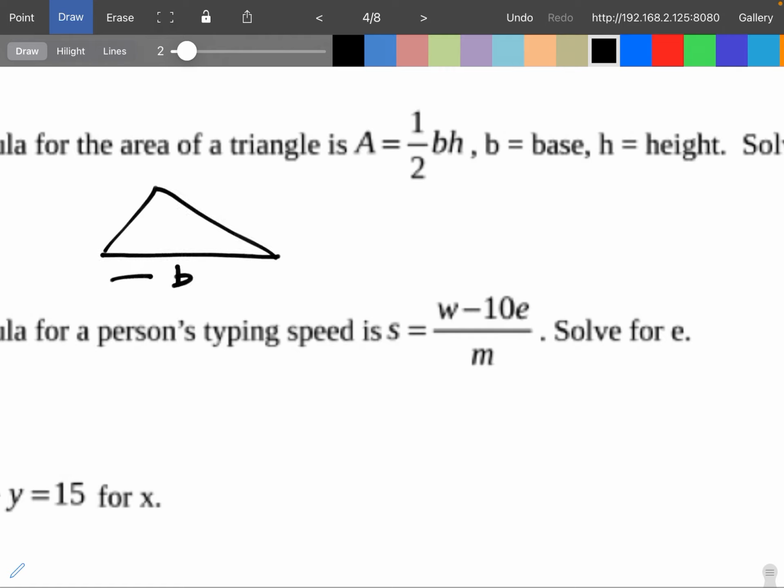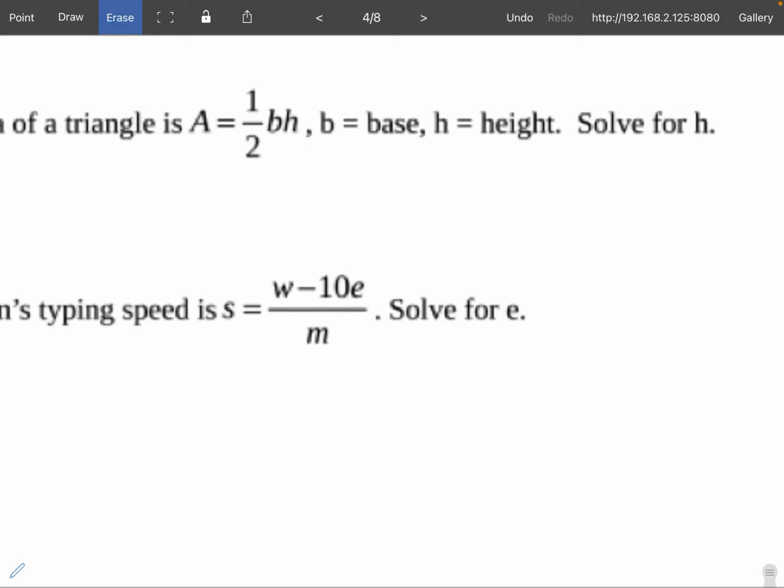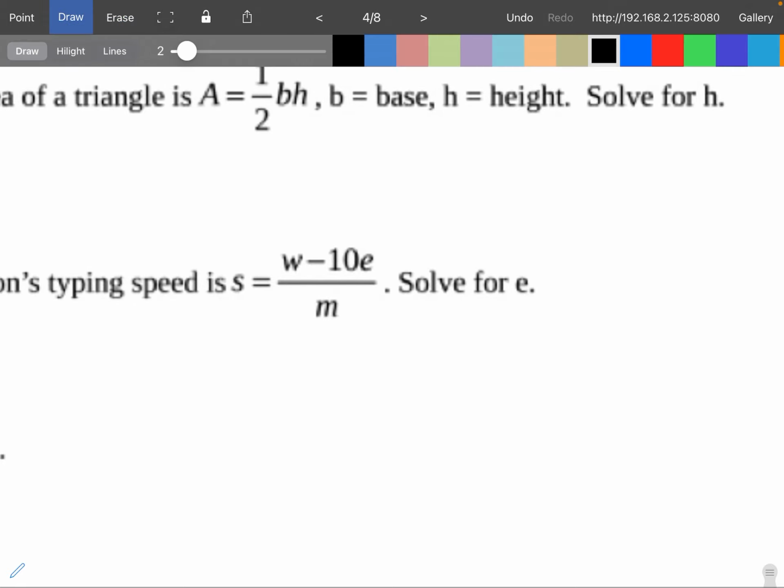That would work for a triangle like this: this would be the base, and the height would be right here. But we don't really need to know that to do the problem. This is a geometry formula. What we have to solve for is h.